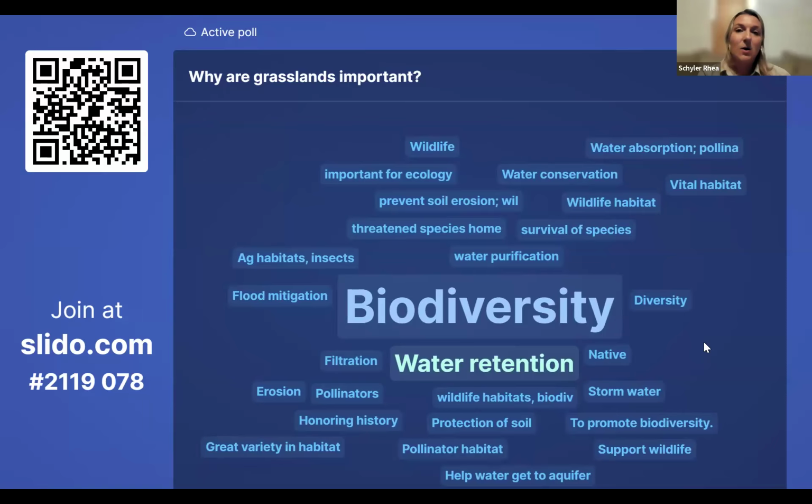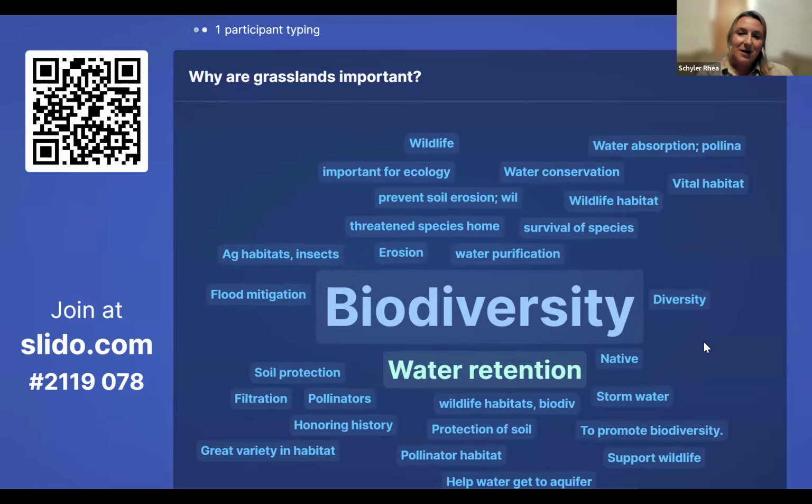Grassland habitats are one of the most unique, diverse ecosystems, and they really do provide so many benefits to so many different species of animals and plant life. Water retention, I really like that. That seems to be a very popular answer as well. Also very true, and I will talk about that a little more in my presentation.